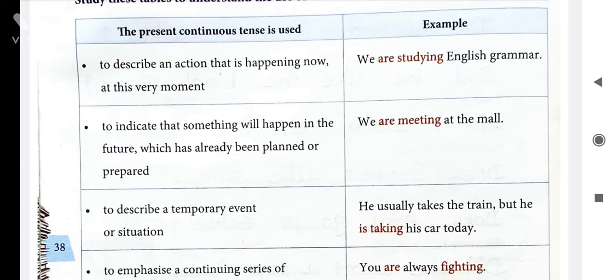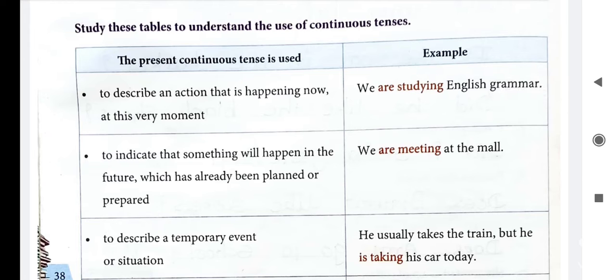Verb plus ing: studying, working, talking, sleeping, cooking, learning, telling, running, playing. These are the verbs, and in continuous tenses we will be adding ing at the end of any verb. So here we are studying. We is plural, so we are using are instead of is, because is is used for singular. So we are studying English grammar.